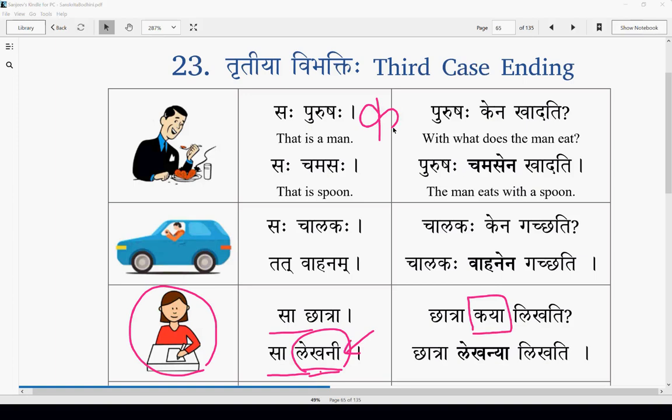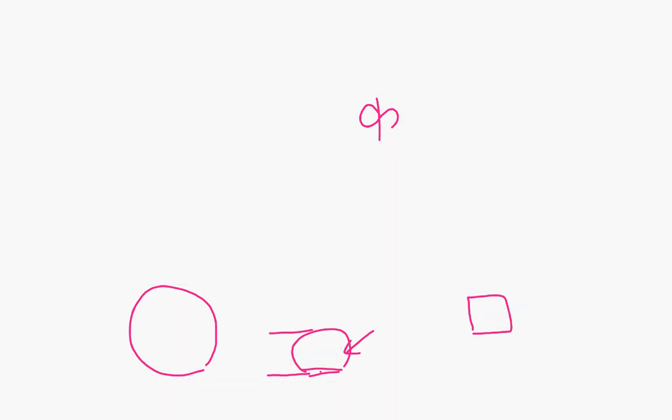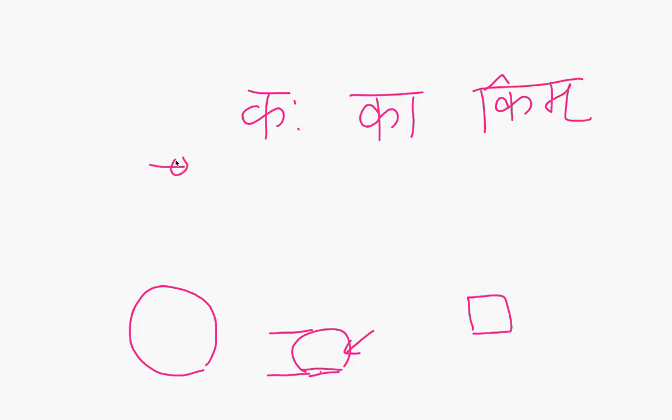Pratama vibhakti was Ka for Strilingam. We had Kaha, Ka, Kim. In Dvitiya vibhakti also, in each lingam we have Kam, Kam, Kim.